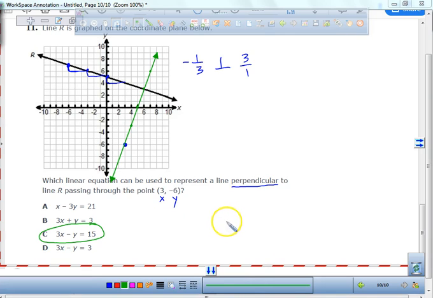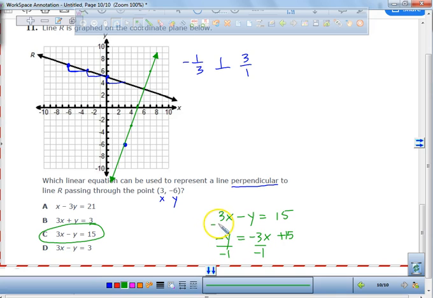By hand, this is what I want you to be able to prove. Take 3x minus y equals 15 and move things across. So you have negative y equals negative 3x plus 15, and then you divide everything by negative 1.